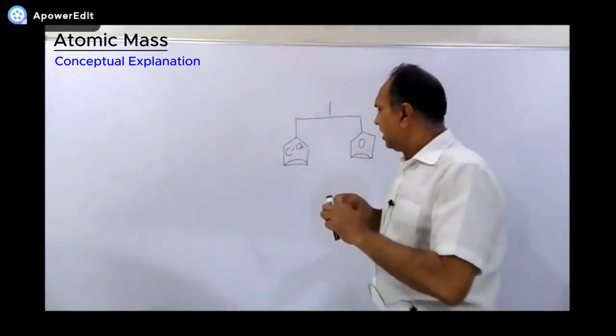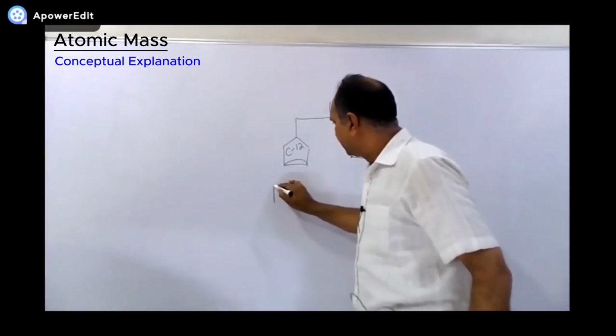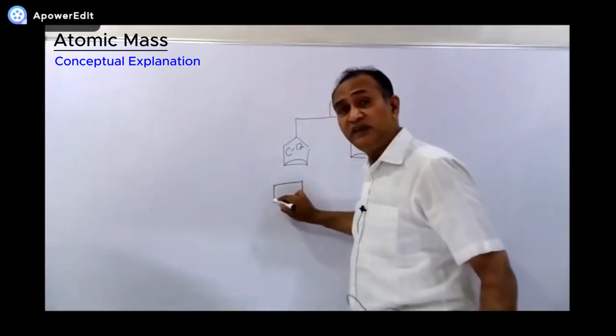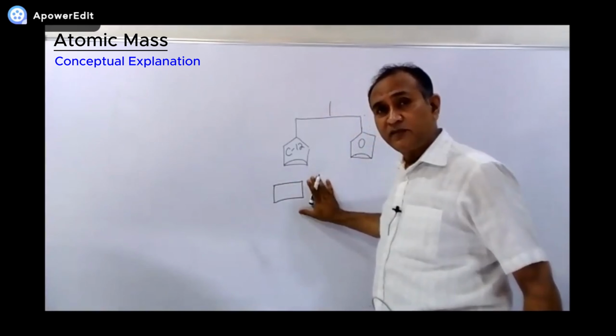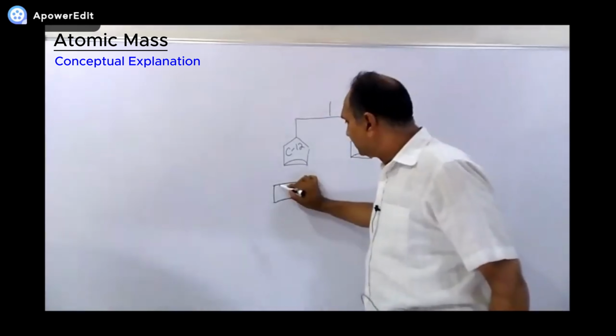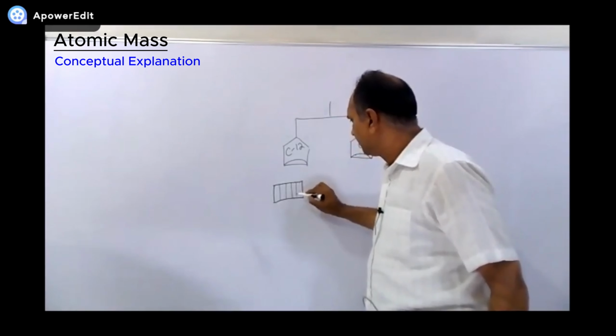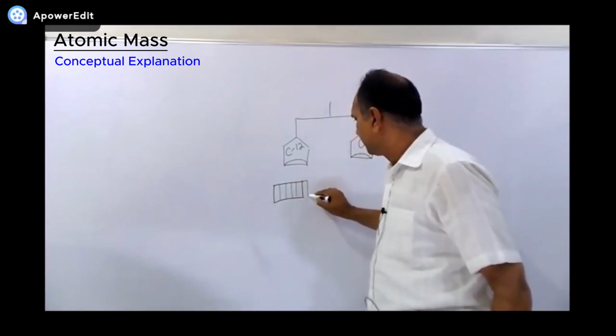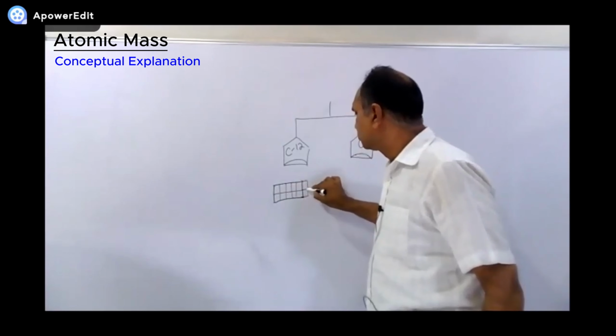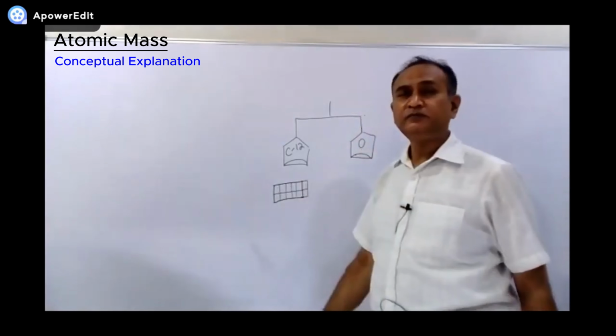Next, suppose this is carbon 12. They divided this carbon 12 into 12 pieces.